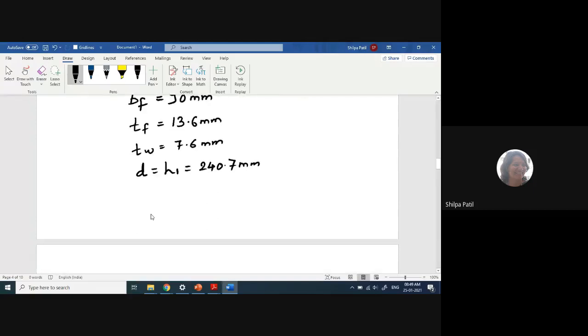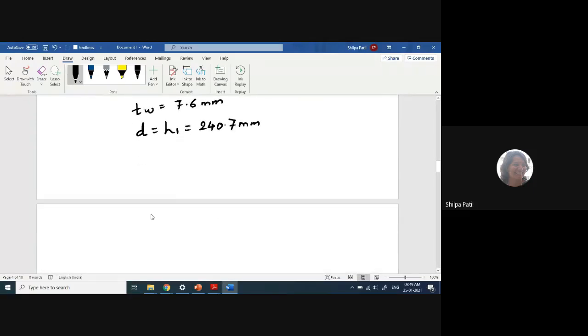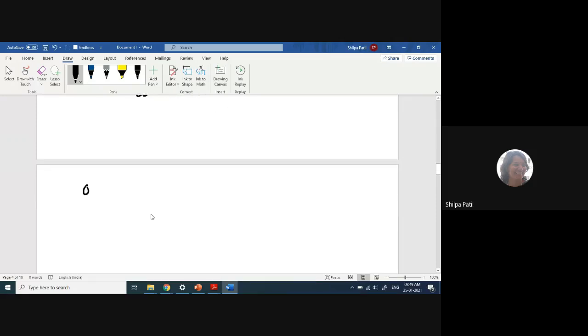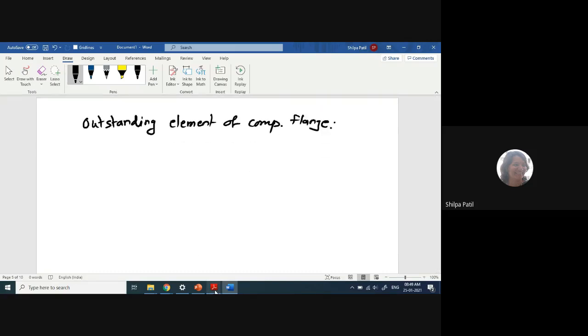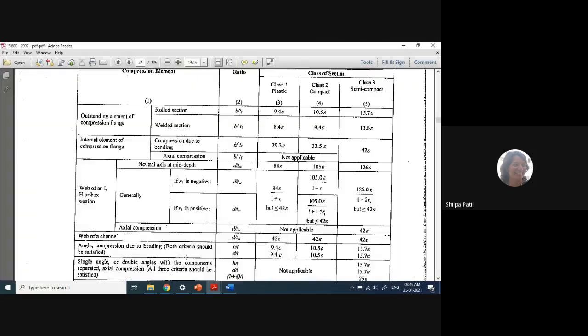So again, we will find out now the outstanding element of compression flange. What is the ratio? Let me go to the code.